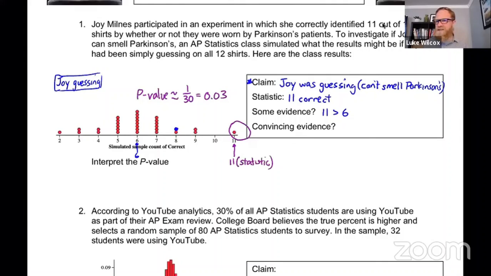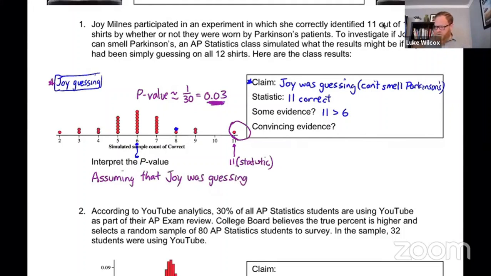So let's go ahead and see if we can interpret this p-value. And when we're interpreting the p-value, I'm trying to interpret what this 0.03 is telling me. So to start the interpretation, I need to make note of what we assumed to be true up front. That's the first part of the interpretation, to say that we were assuming that Joy was guessing.